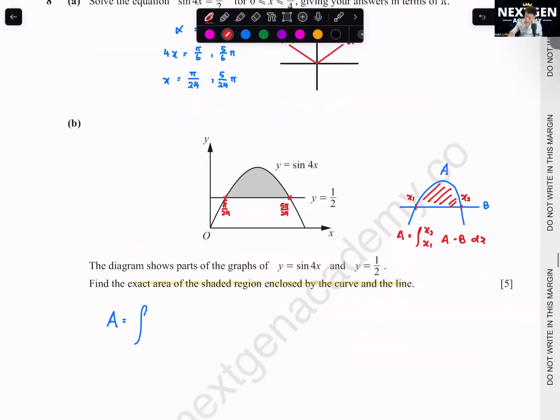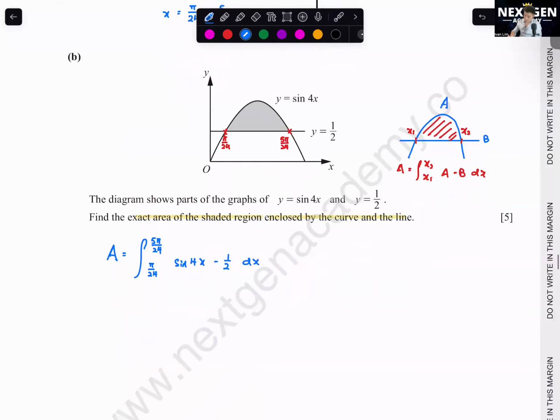Here we will integrate from pi over 24 to 5 pi over 24 of sine 4x minus 1 over 2 dx. You don't have to separate into two equations. But if you feel that way is easier for you, please go ahead and separate it.